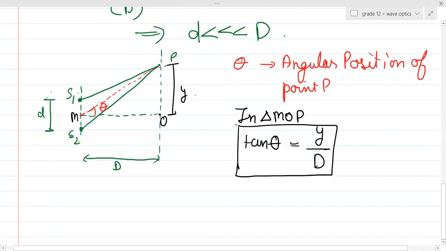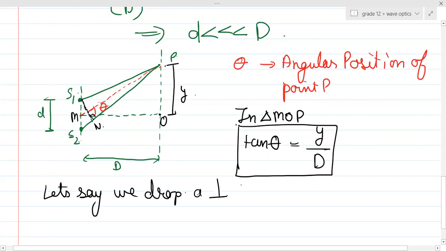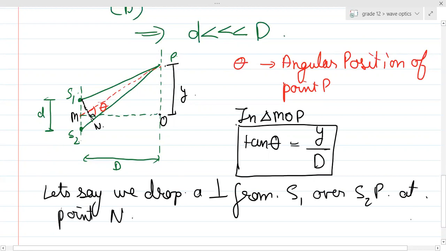Now see one more thing. If I drop a perpendicular from S1 over S2P, let's say this point is N. So can you see one more triangle has been formed now?